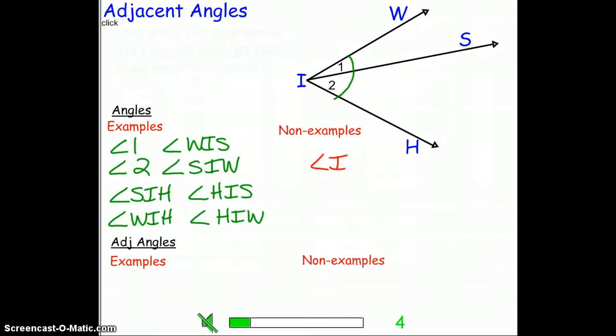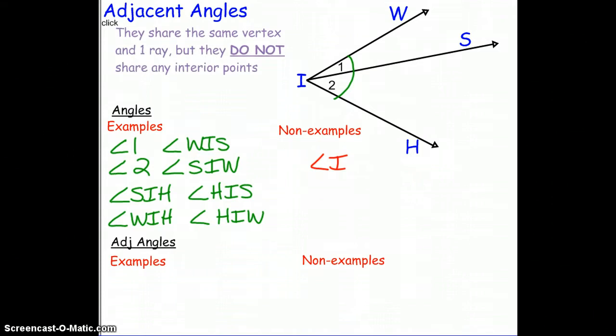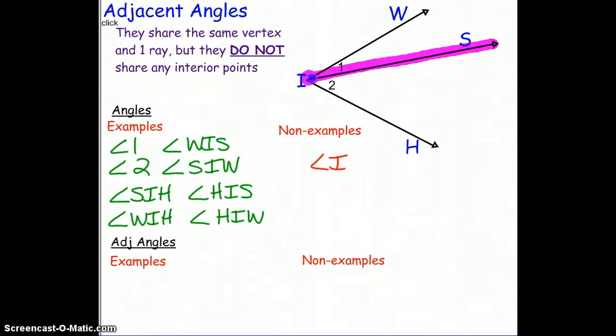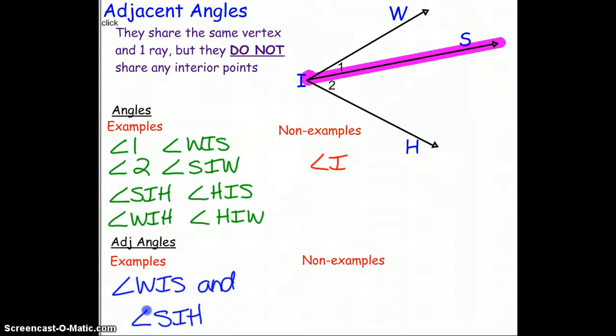So since we've identified those angles, let's see if we can determine which ones are considered adjacent. Adjacent angles share the same vertex and one ray, but they do not share any interior points. So there's the vertex, and here is the ray. So the adjacent angles are angle WIS and angle SIH.